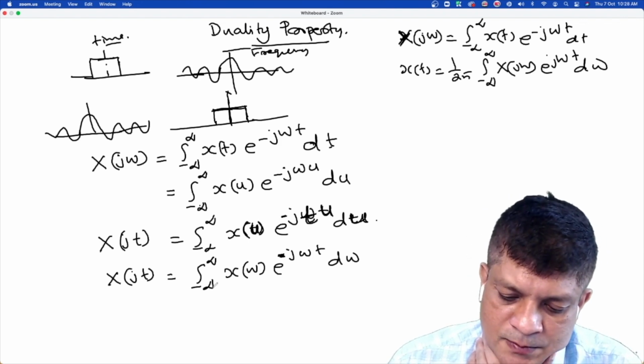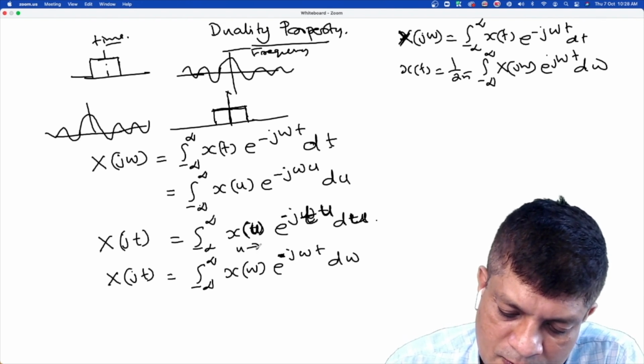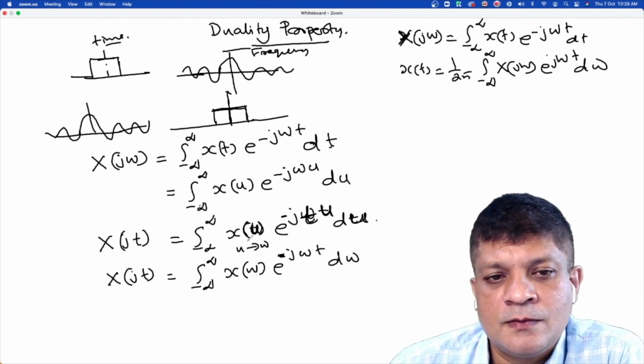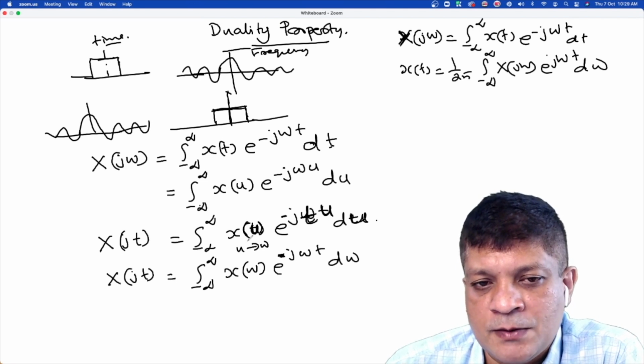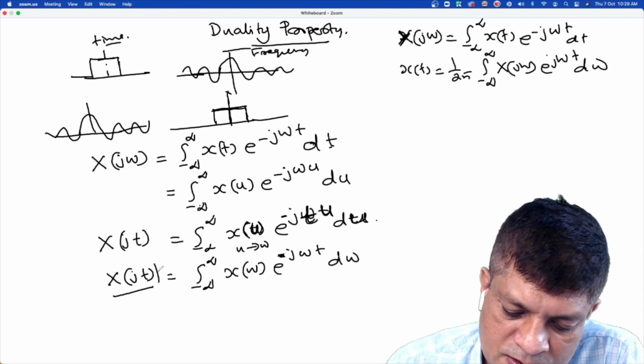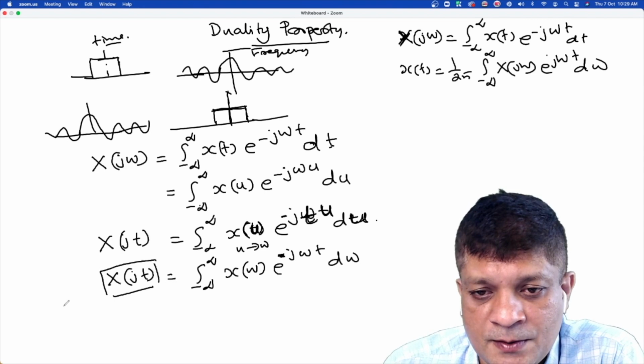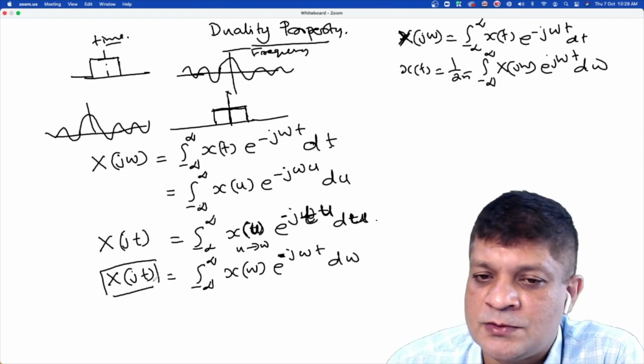So here I am changing the variable. Now look, this is a function in the time domain, X of jt. Now we have to find the Fourier transform of this signal.